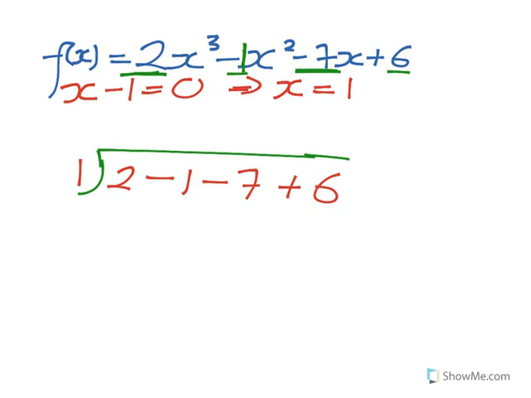The next thing I do is to start with this 2. I put it on top, which is my 2 there. The next thing, 2 will multiply 1. 2 times 1 is 2, and 2 minus 1 is a positive 1.